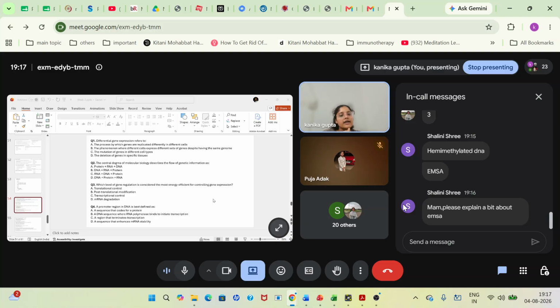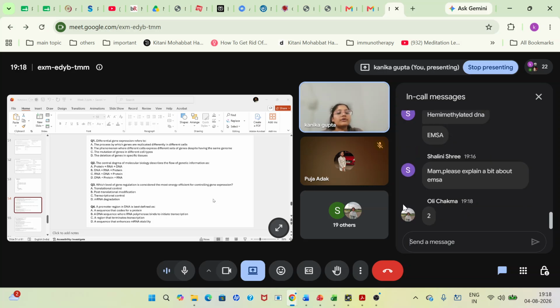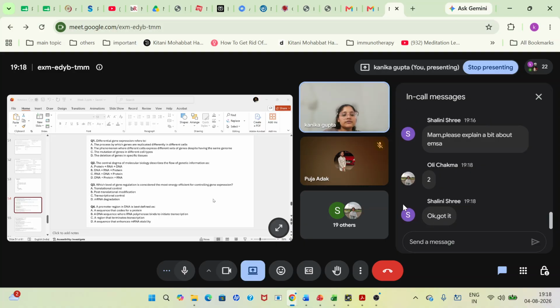So that tells you that yes, the protein is interacting with that particular part of the DNA. Did you get it, Shalini?